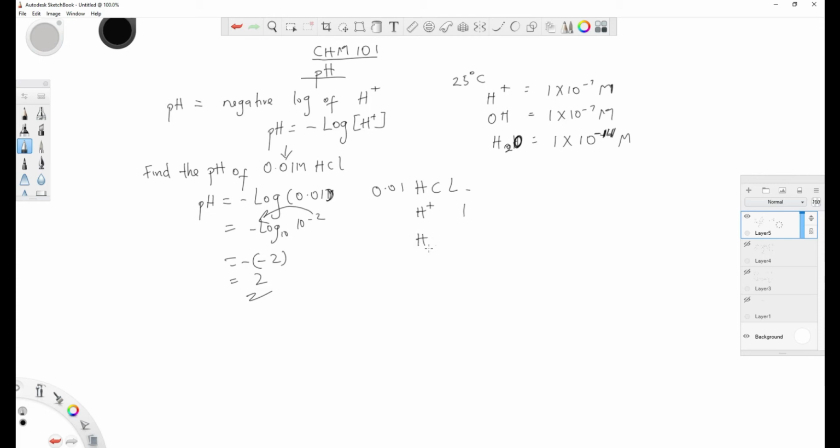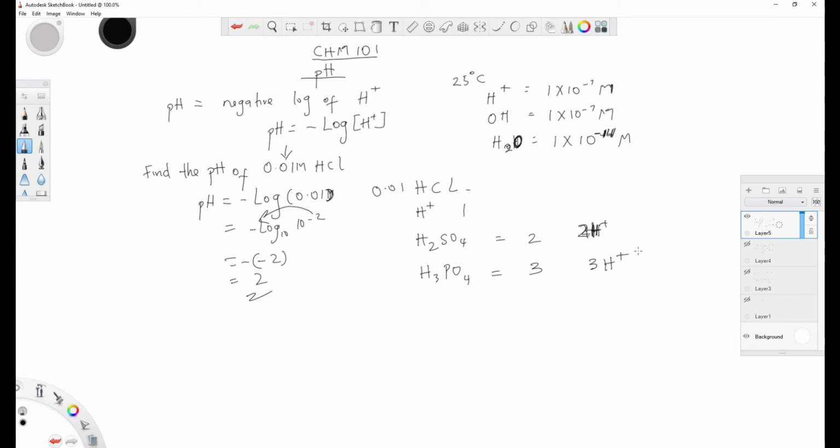When you have something like H2SO4, the basicity is 2, because we have 2 hydrogen ions here. And for H3PO4, the basicity is 3, because you have 3 moles of hydrogen ion in it. So it actually depends on the basicity.